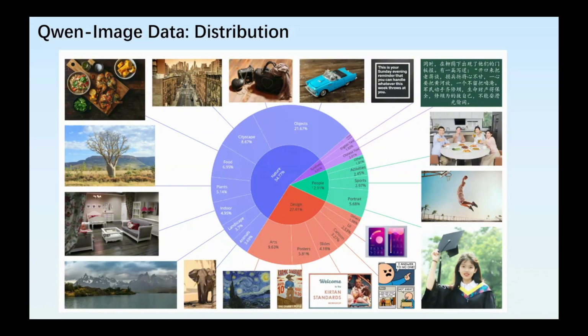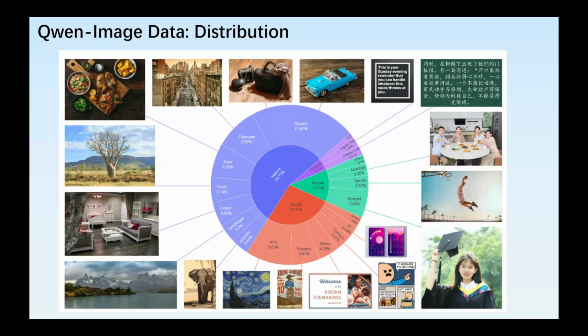The nature category, making up 55% of the data, forms the foundation. It includes everything from landscapes and animals to food, objects, and indoor scenes. Essentially, all non-human, non-design content. This broad category teaches the model to generate realistic, diverse, and everyday visuals.